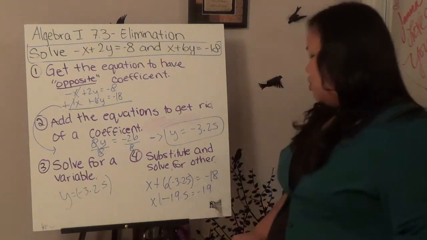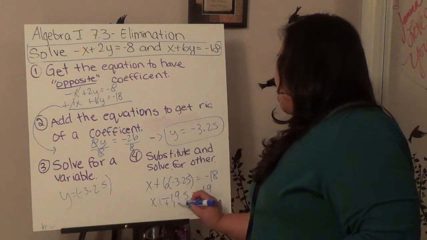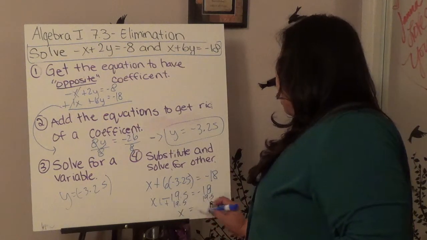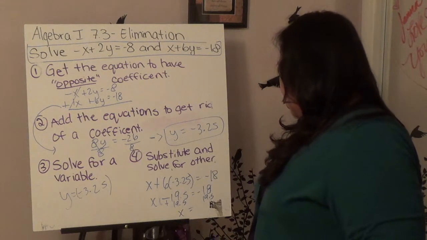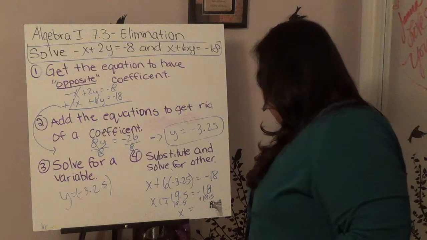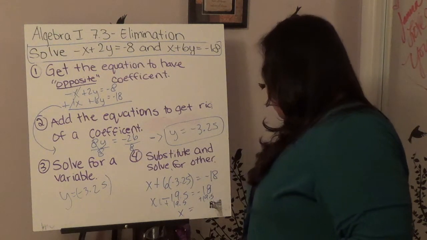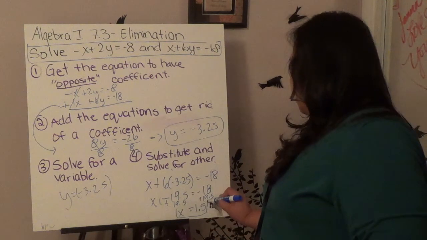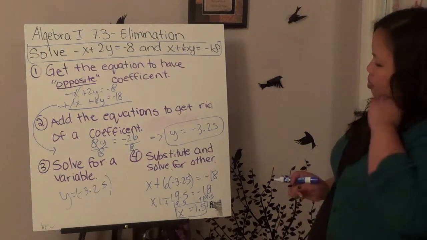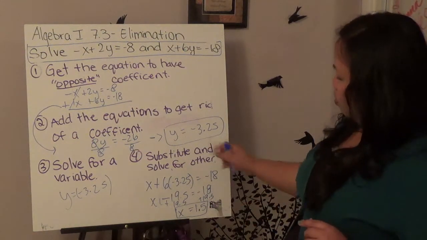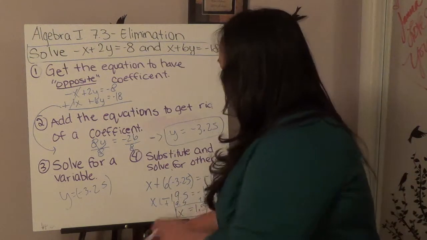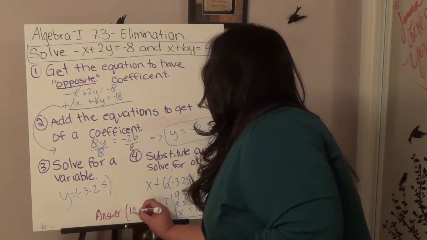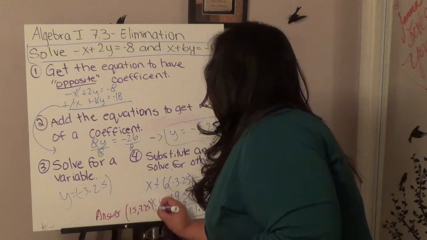Minus, because a positive and a negative gives us a minus. And I'm going to add 19.5. I end up with x equals, yes, add, 1.5. Okay? So my answer is x comma y, 1.5 comma negative 3.25.